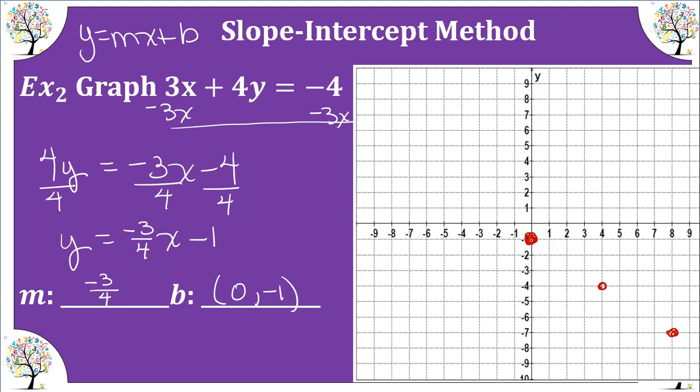So instead of going down 3, right 4, let's go up 3, left 4. And you see it lines up. And then we'll draw a line all the way through as neatly as we can. Arrows on the ends.